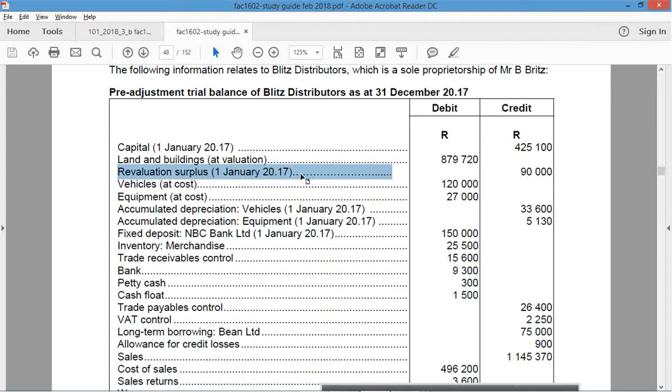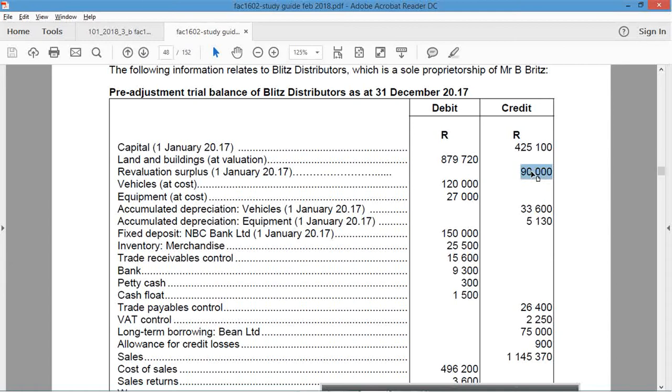So if there is a surplus, how would you view that? An asset, a liability, income, expense, capital, drawings? Wouldn't it be expense? It wouldn't be an expense. It's a surplus, so you get something. It's kind of an asset, but not quite, because the revaluation arose from the asset. Notice what balance it has. It can't be an asset because it can be a credit.